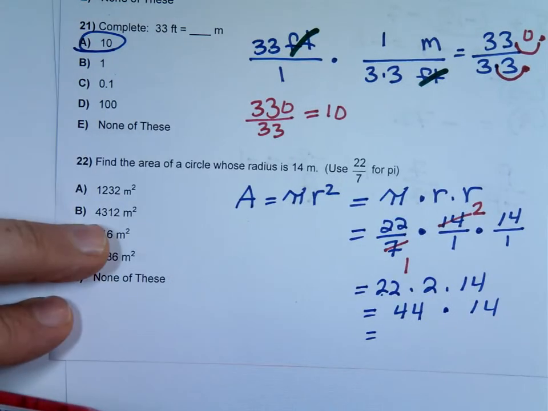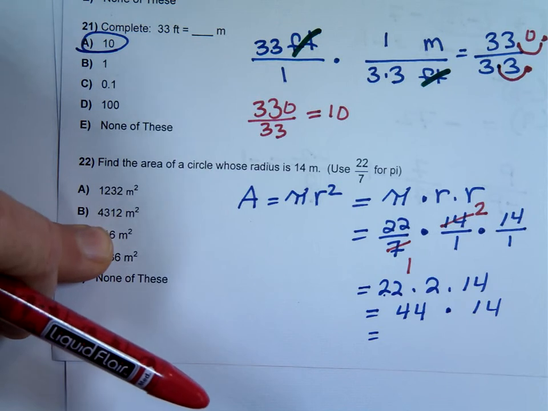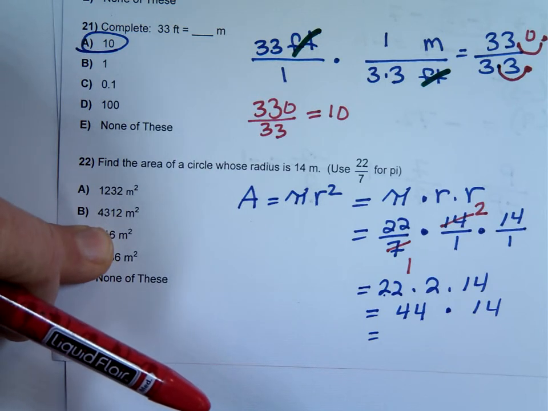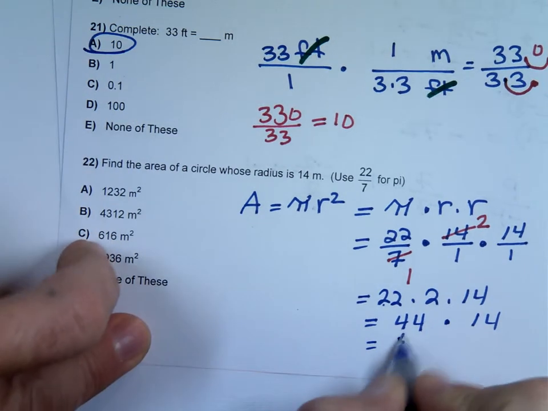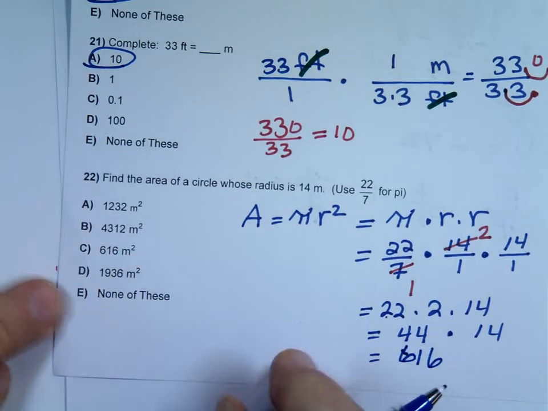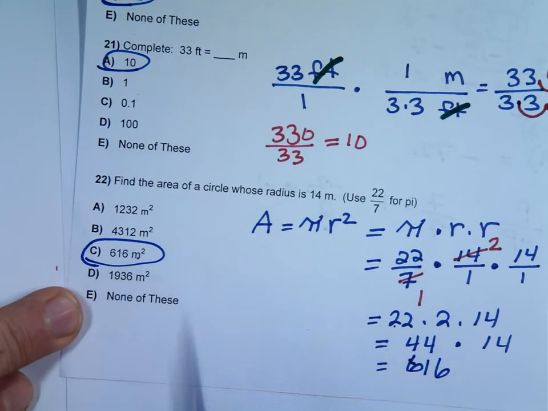What's 44 times 14? 616? Do we have 616? The unit's always meter squared, centimeter squared, inches squared, always a squared in them.